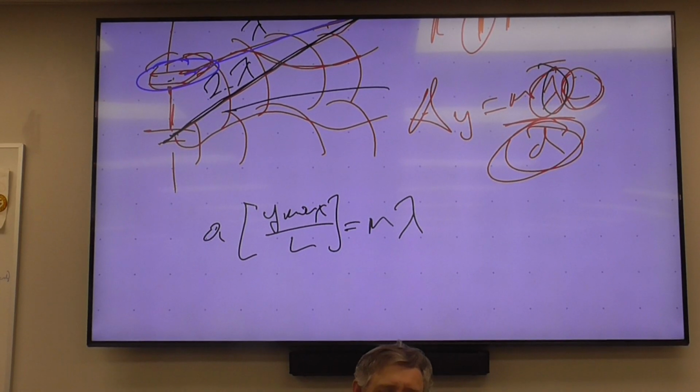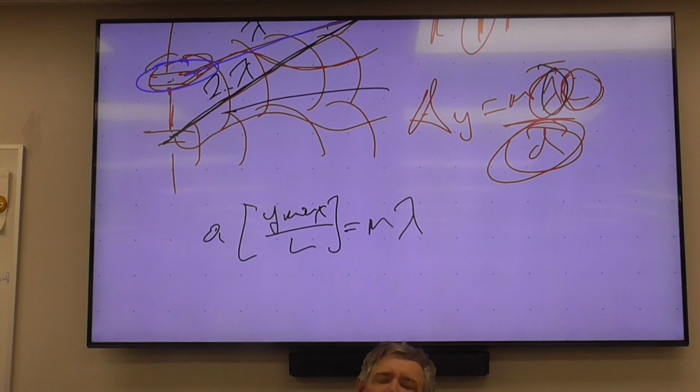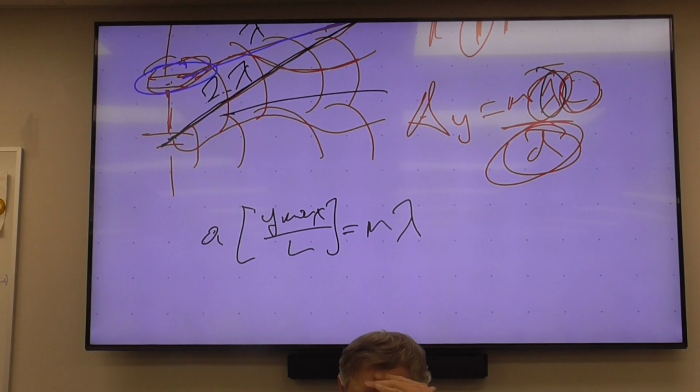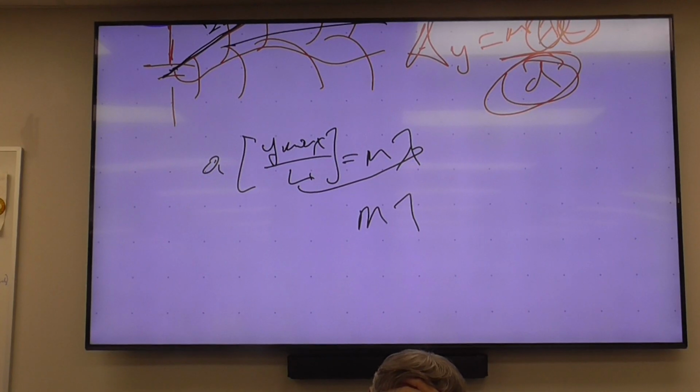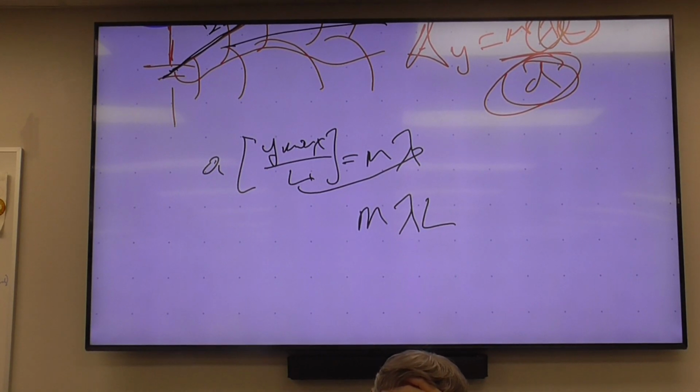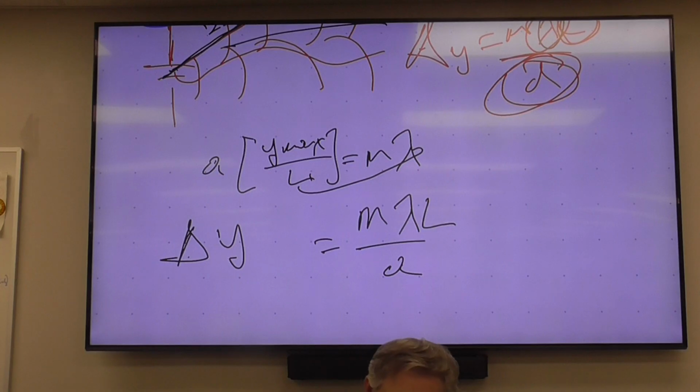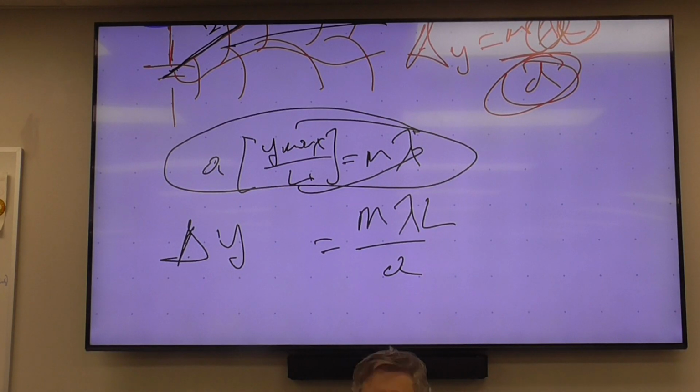If you look at it, it looks completely different than what we just talked about, unless you do some simple algebra. If you multiply this by L, then you get m lambda L, and then if you divide by A, you basically get the change in y. So this is what's on your equation sheet. Instead of d, which every other equation in the world for this uses, for whatever reason they decided to put A. Why?